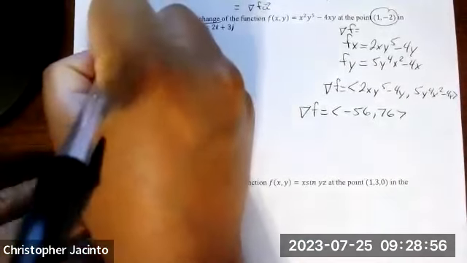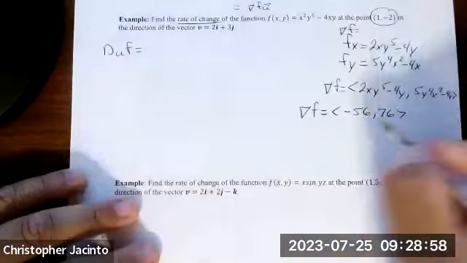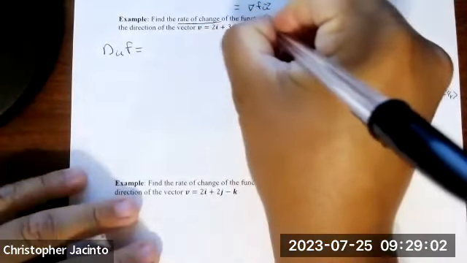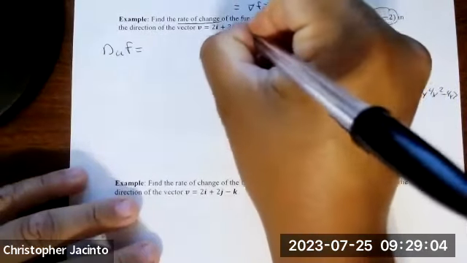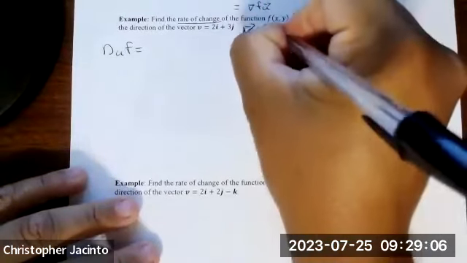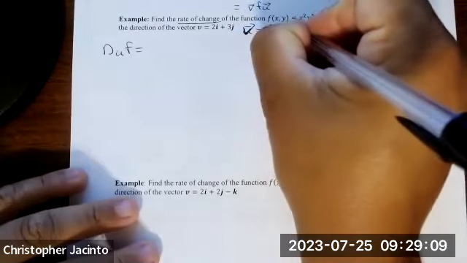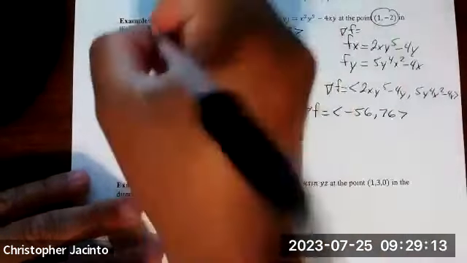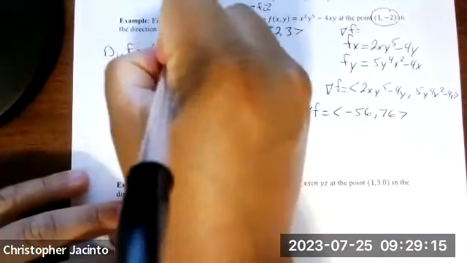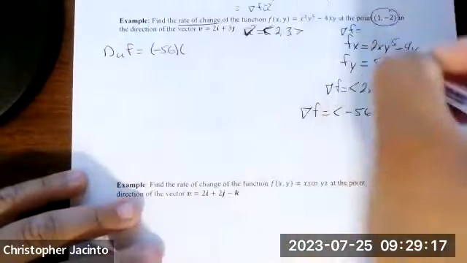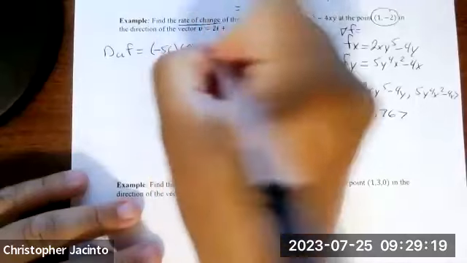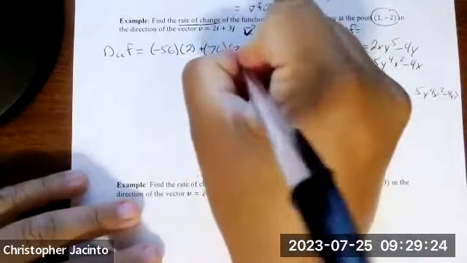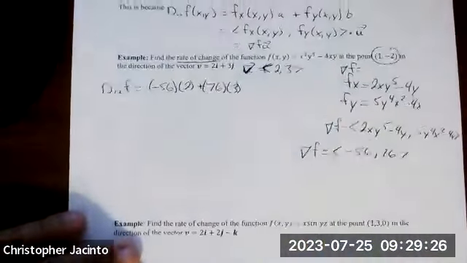And since we want the directional derivative of f, we have our gradient, and our vector is going to be v, which is (2, 3). So this is going to be -56 times 2 plus 76 times 3, according to our definition, which is right there.